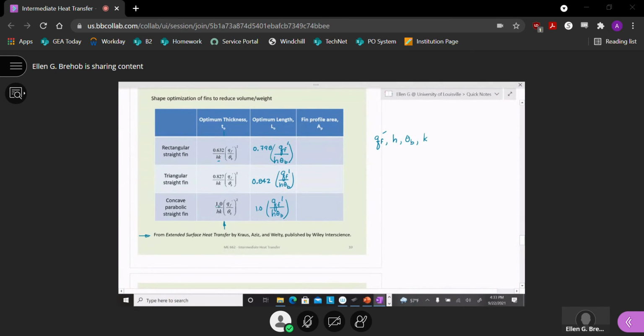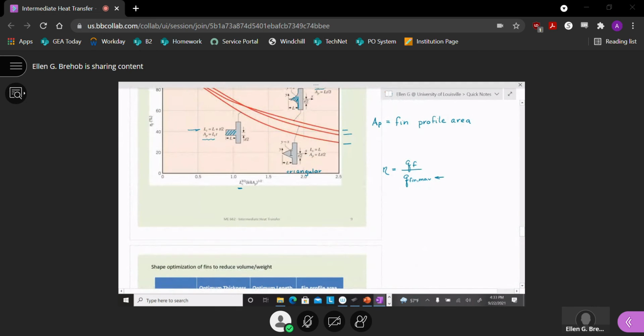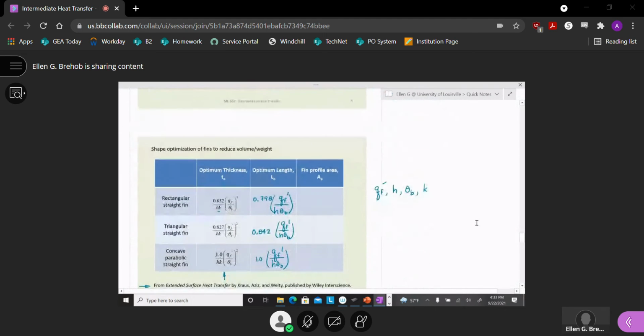Okay. Then if you think about getting the fin profile area, and we just talked about fin profile area, that's sort of the side view, it tells you something about how much material you will need to manufacture that fin.